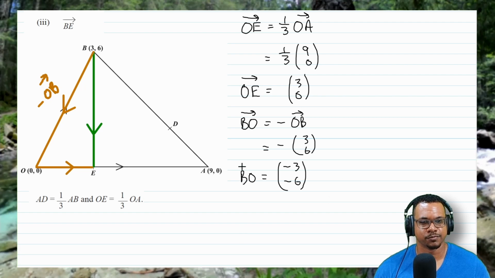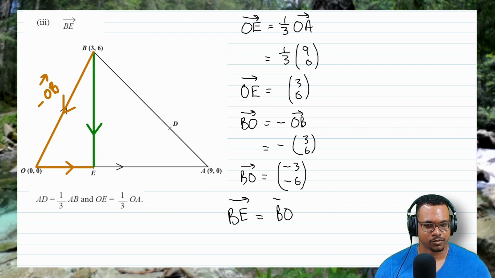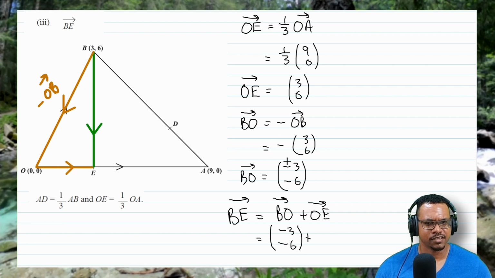That's B to O. So now the vector B to E is equal to, we're going to add B to O plus O to E. And we have B to O is (-3, -6), plus O to E, which we have here as (3, 0).